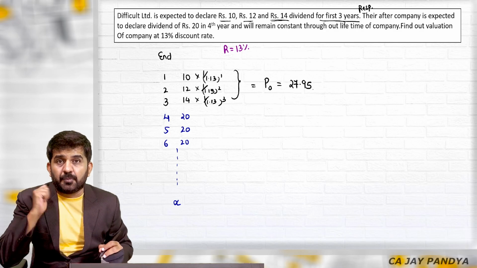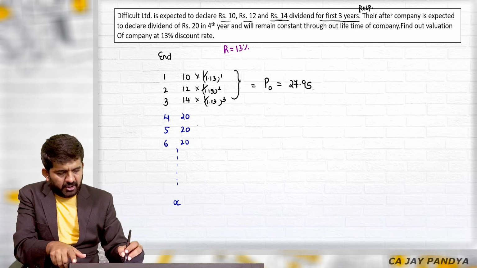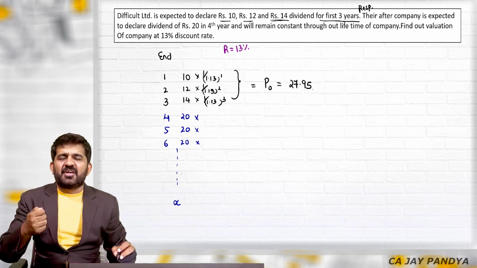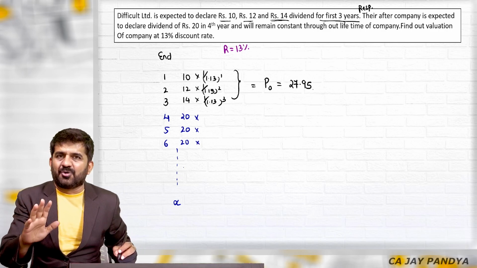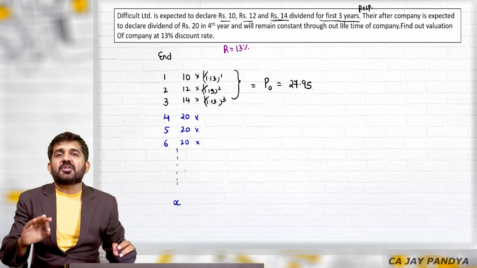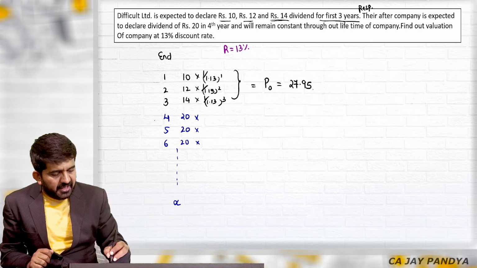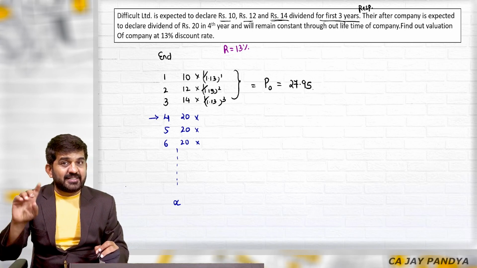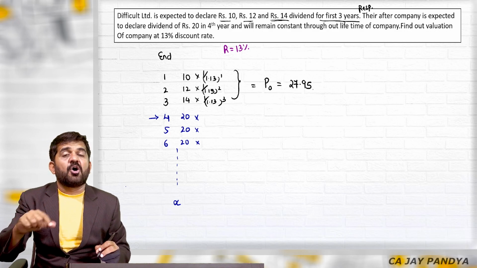What is the difficult portion? This is the blue color part. This is infinite cash flow without growth. Agreed. But this cash flow is not starting from the first year. It is starting from the fourth year. And our formula says that the cash flow amount should be of the first year.